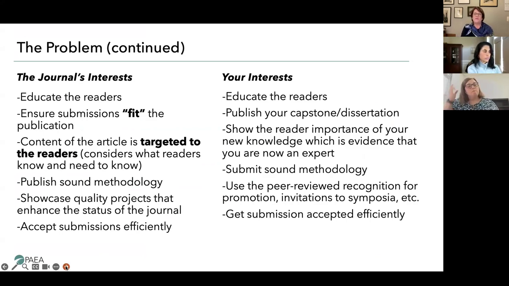So I'm going to frame this a little bit differently, thinking about the problem based on the journal's interests and your interests. You'll notice that both the journal and you are interested in educating the readers on the topic. The journal's interests include making sure that the submissions fit the publication, and we'll be talking more about that.